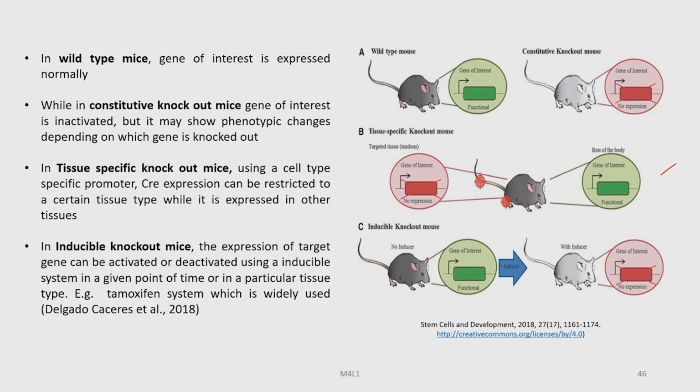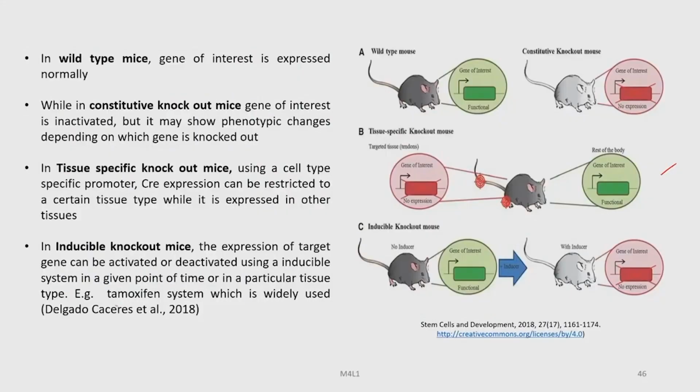There is another type of knockout which is known as inducible knockout mice. Here the expression of the target gene can be activated or deactivated externally by using an inducible system at a given point of time or in a particular tissue. For example, we may have a tamoxifen system which is widely used to switch on and off particular genes.